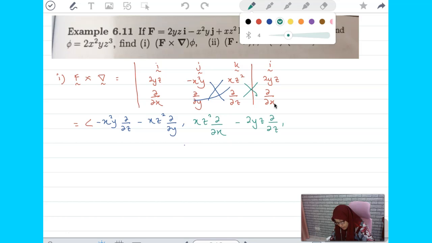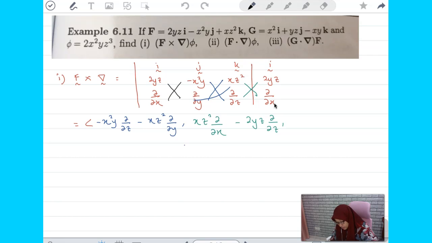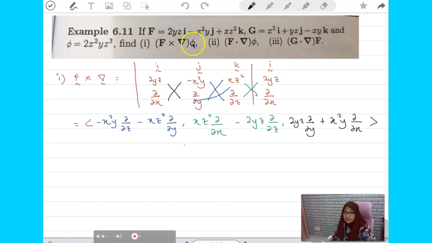And then for z, so 2yz del y plus x squared y del x. Okay, and then you have to multiply. You have a vector here, right? And you got a new vector, then you have to multiply with the scalar function.